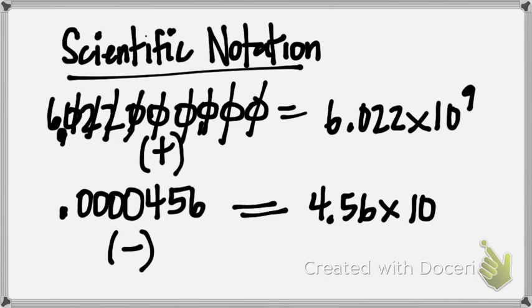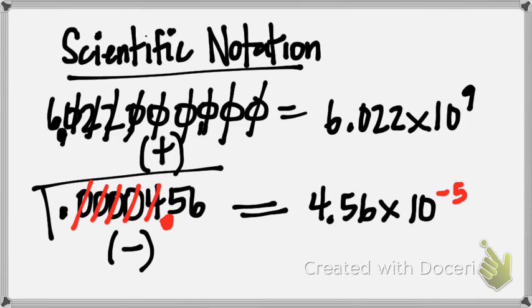Since this is a small number, we're going to use a negative exponent, and so we're basically going to move the decimal to right after the 4, and then count the number of spots. 1, 2, 3, 4, 5 spots that we moved it. So now it's 4.56 times 10 to the negative 5th power.